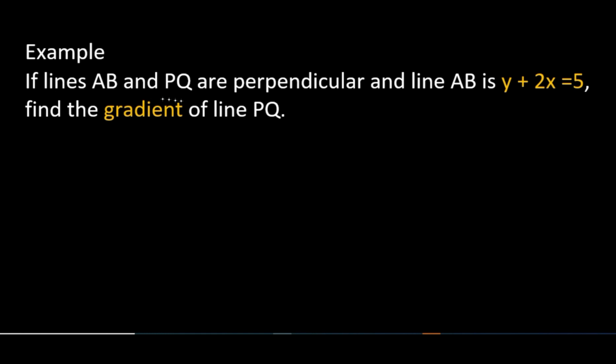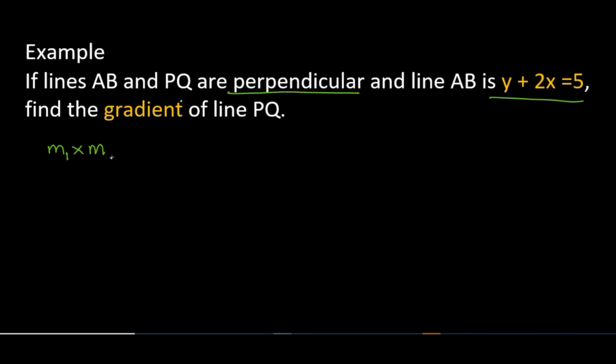If lines AB and PQ are perpendicular and line AB is y plus 2x equals 5, we have to find the gradient of line PQ. The same way we did that one, with the line given to us, which is line AB, we make y the subject of the formula.